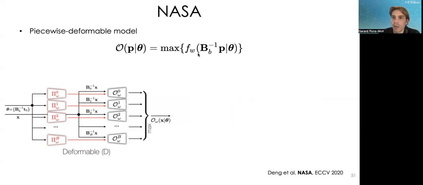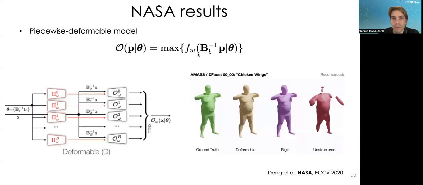And this is completely analogous to these pose-plane shapes. The only thing was that the pose-plane shapes were vertex displacements. Here, theta conditions a full network. And you can see that the deformable model, in particular at the elbows, produces much smoother results as one can expect.